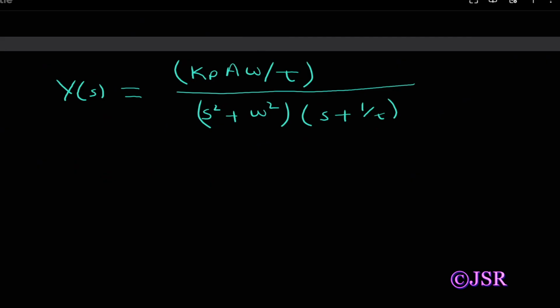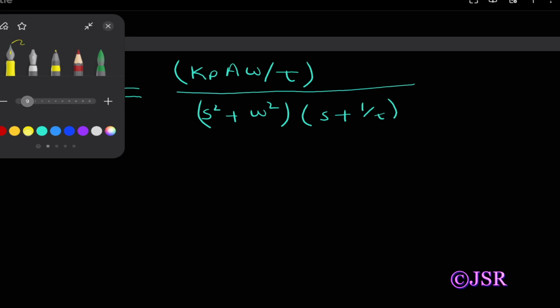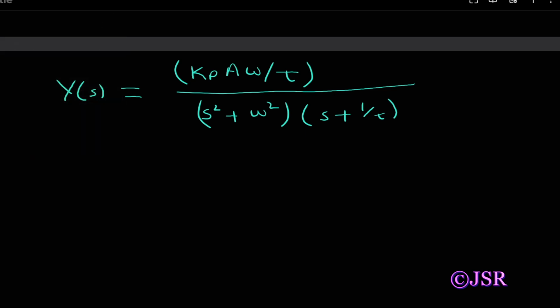In the denominator we have one second degree polynomial in the form of a square plus b square. So this can be written into two first degree factors in s.